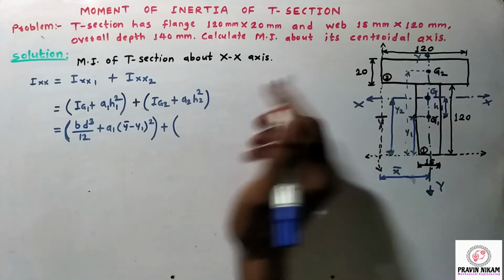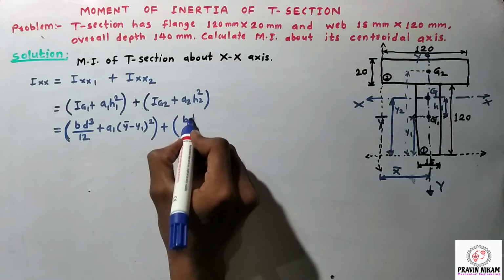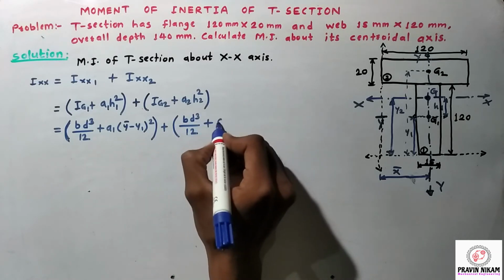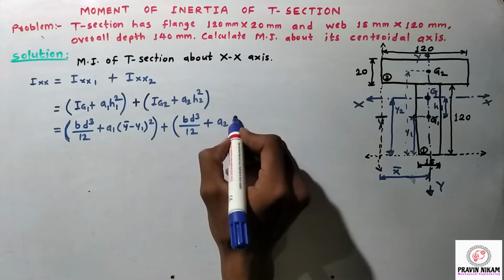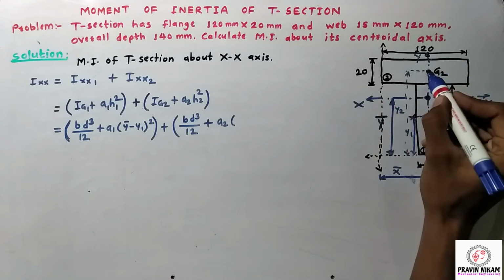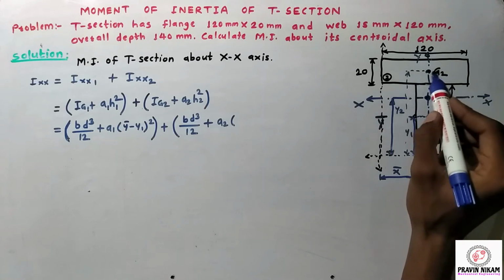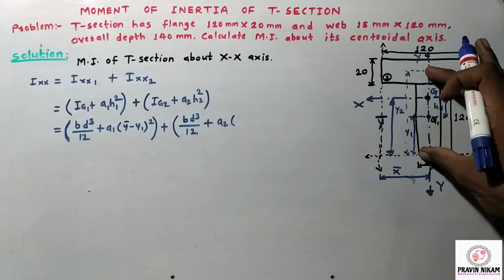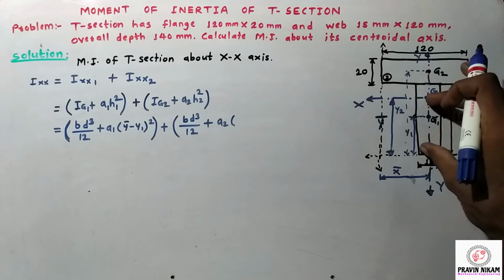So this is a rectangular section. So bd cube divided by 12 about x-axis plus A2, area of section 2, and H2 is what? Distance between these two centroids, that is G2 and G. So this total is Y2 and this is Y bar.